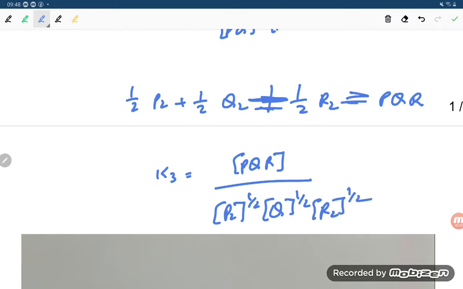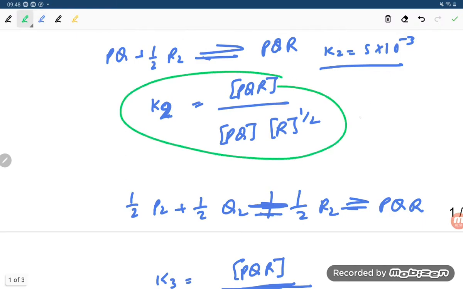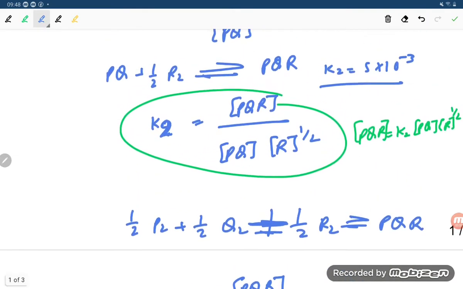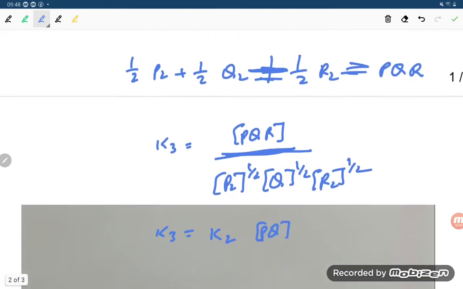How can we calculate PQR? From the second equation we can get it: [PQR] is equal to K2 times [PQ] and [R2] power 1 by 2.